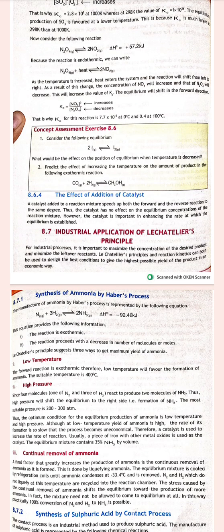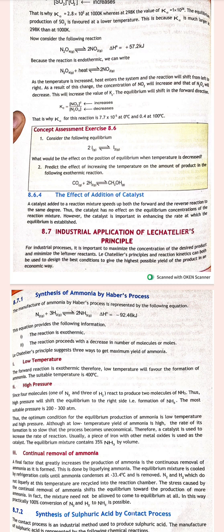Now considering the following reaction. So this is an endothermic reaction. So as the temperature is increased, heat enters the system and the reaction will shift from left to right. As a result of this, the concentration of NO2 will increase and that of N2O4 will decrease. So here there is absorption of heat.